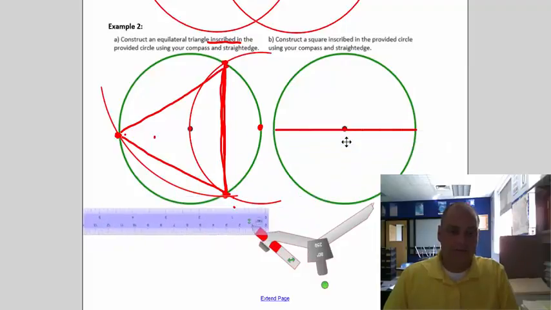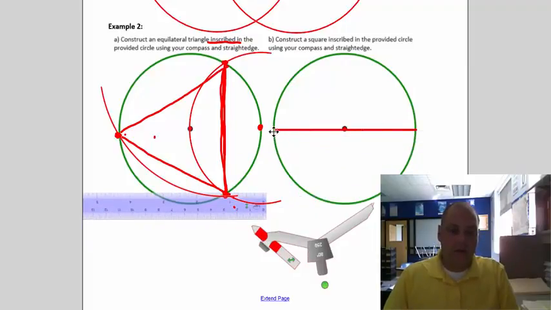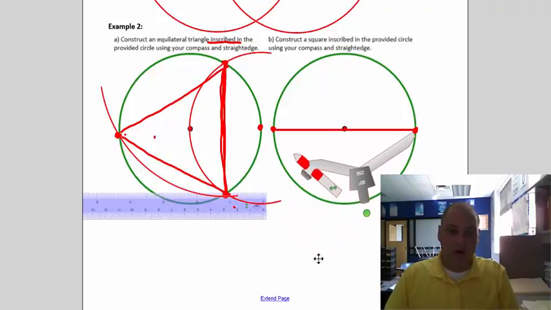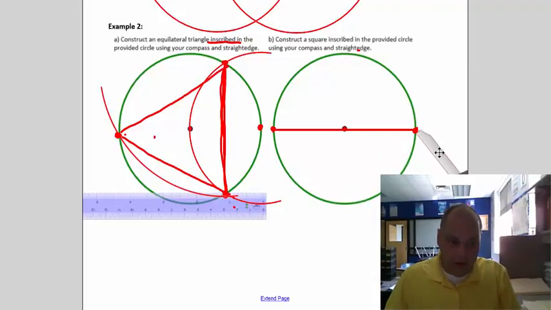All right. And so now once you draw the diameter, you get 2 points. Now, those 2 points are going to be 2 points of our square. So now we need a point up here and a point down here that are directly above and below the center point. So what we're going to do is put your compass point on one of your new points.